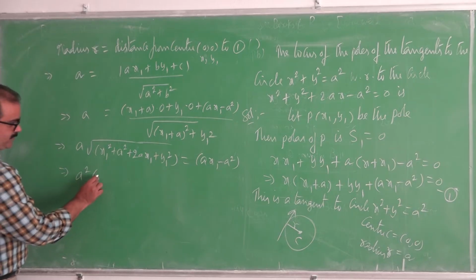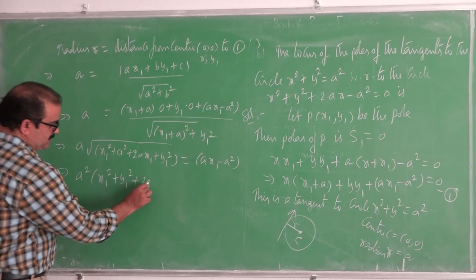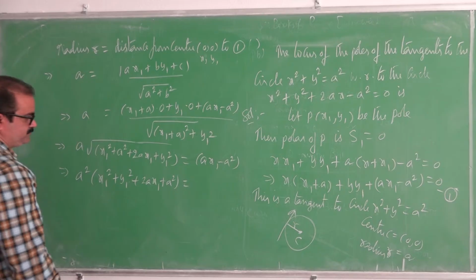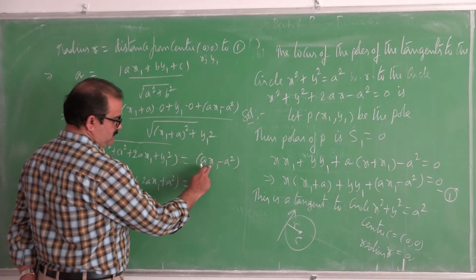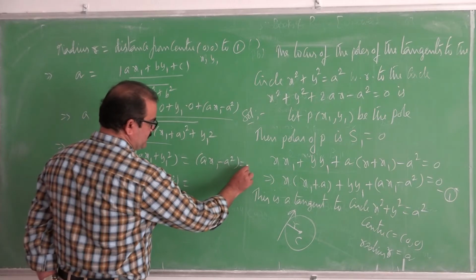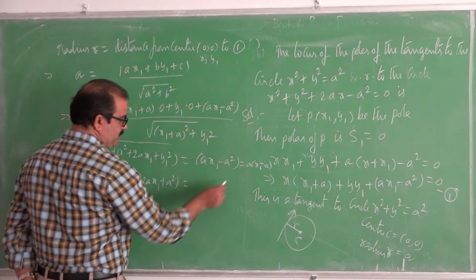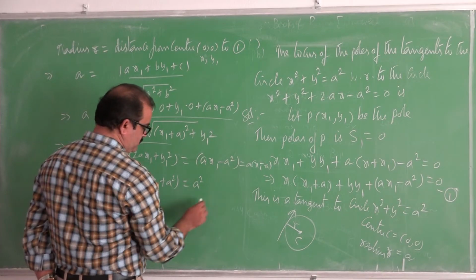A square into x1 square plus y1 square plus 2a x1 plus a square is equal to, here we take a common. We write it as a into x1 minus a. Squaring on both sides, we get a square into x1 minus a whole square.